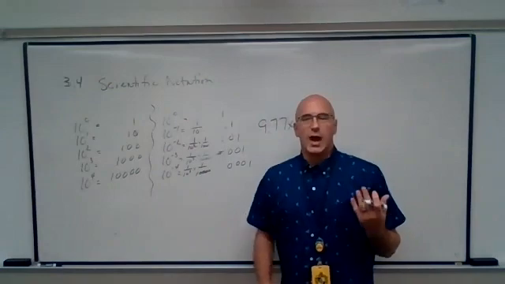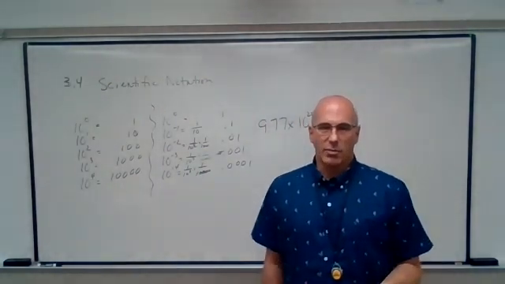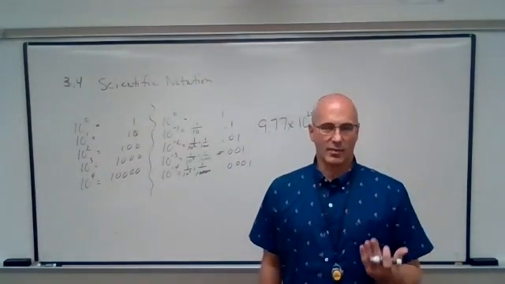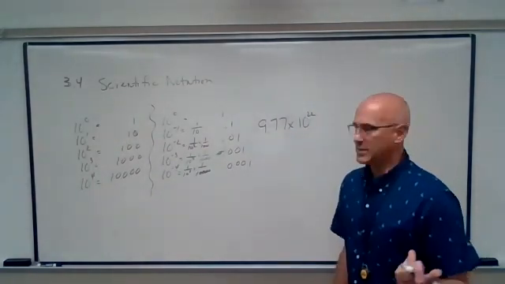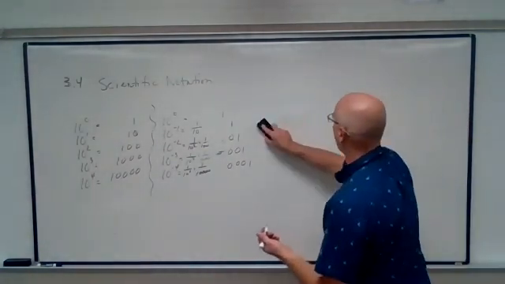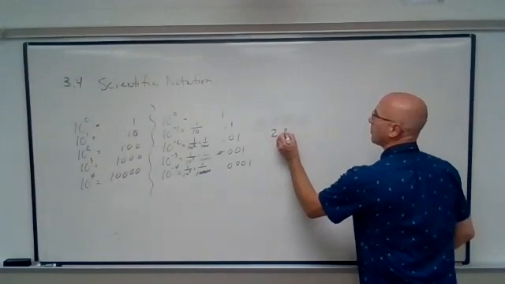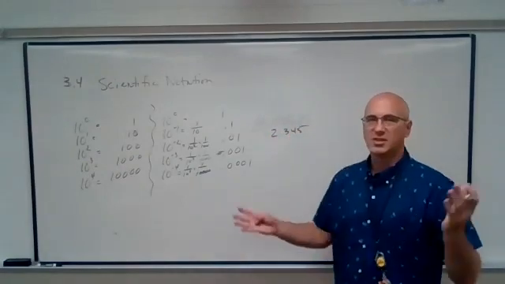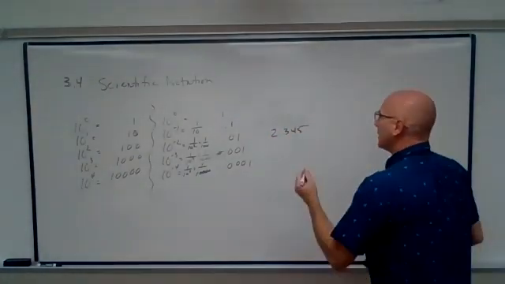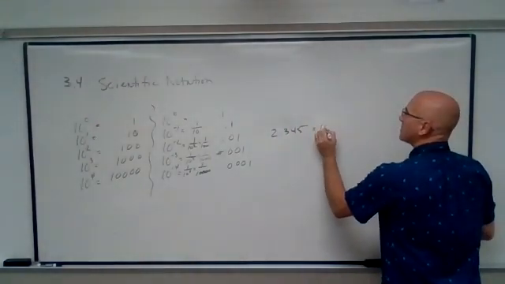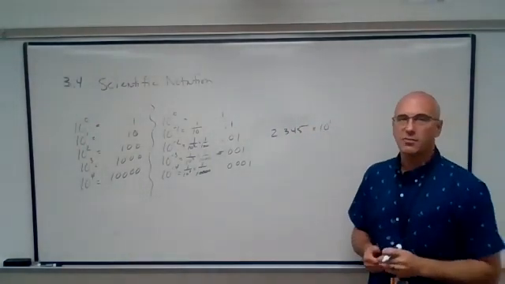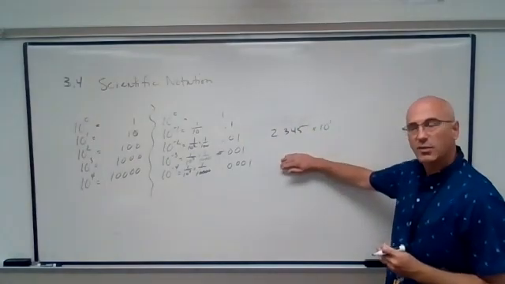So now to actually write a number using scientific notation, let's take a number, for instance, 2.345, just a random number. Let's do this with it. I am going to say that is going to be times 10 to the first. So this is written in scientific notation.